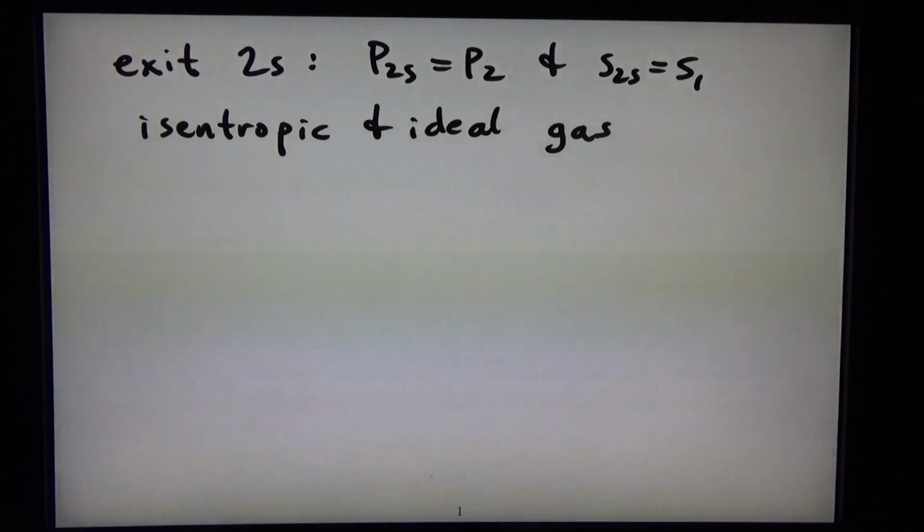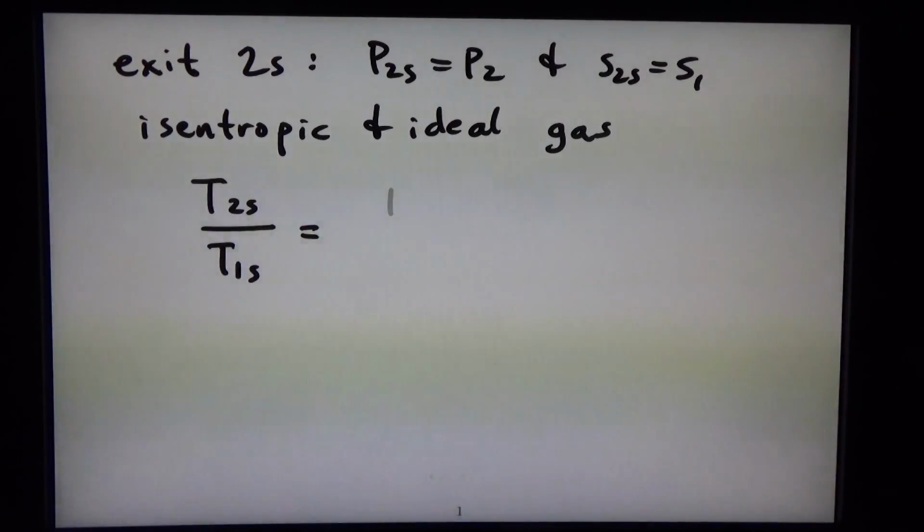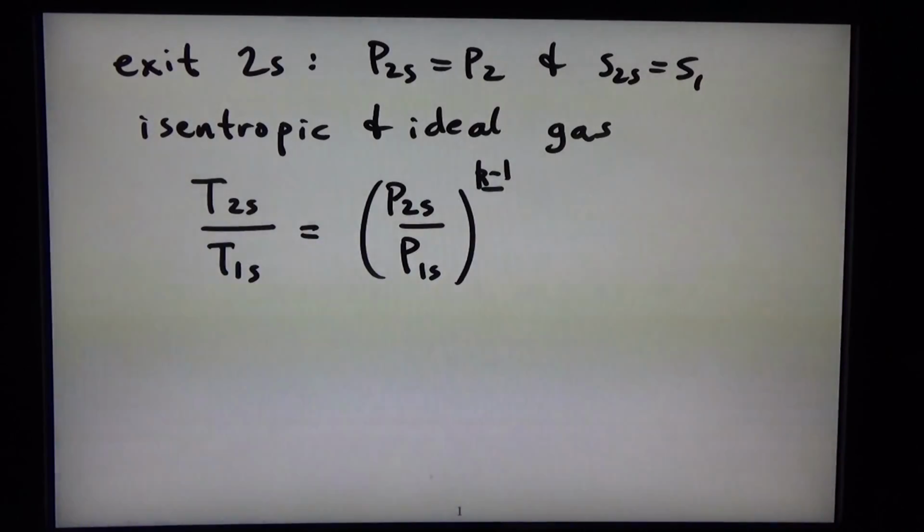So how would we actually use this? We could write that T2S over T1S is the same as P2S divided by P1S to the power K minus 1 over K. This is a special equation that applies only if we have an isentropic process, which we have, and an ideal gas process, which we also have.